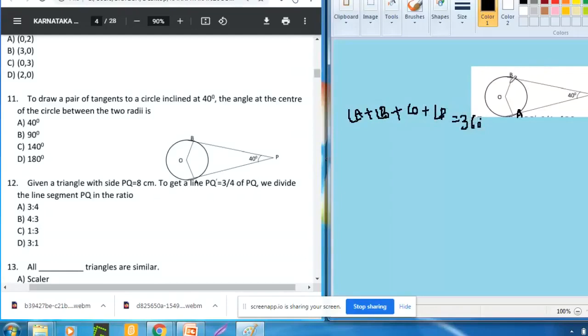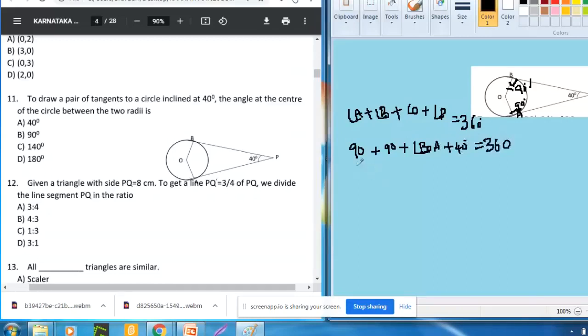One of the properties in circles is that the tangent drawn to a circle and the radius are perpendicular to each other. So angle B will be 90 degrees. Also angle A is 90, because the tangent and radius are perpendicular to each other. Angle B is 90, same reason. But angle BOA, which is nothing but the angle at the center of the circle between the two radii, angle P is 40 degrees, which is given in the question.